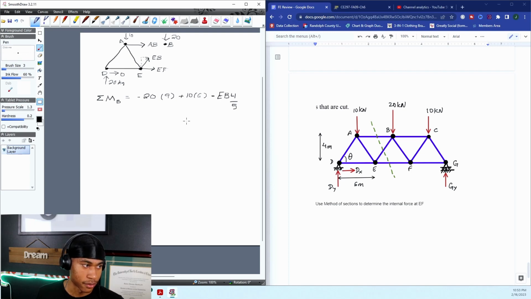So if you want me to write that out, it's just 3 squared plus 4 squared, and take the square root of that, and that's going to give you your hypotenuse.